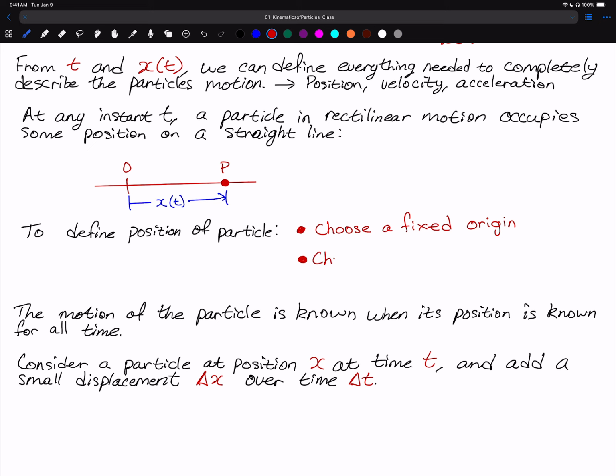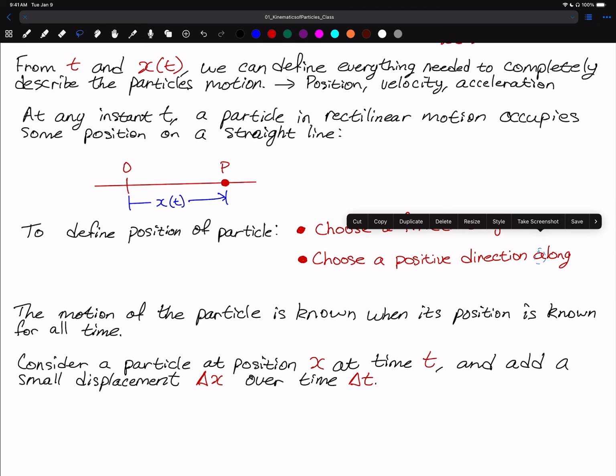And then second, we need to choose a positive direction along the line. So what that means is that we need to know where the origin is. That allows us to define x of t. And we need to know what direction is positive so we can tell whether the particle is in a negative or a positive position.